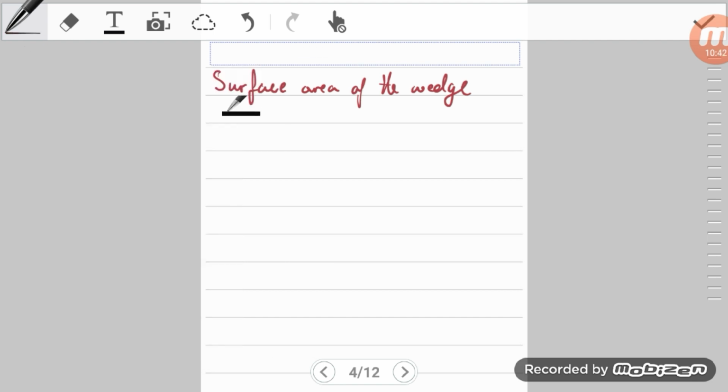The formula is that the surface area, abbreviated SA, is equal to the perimeter of the cross-sectional face multiplied by the length or height, depending on the orientation of the prism or the wedge.